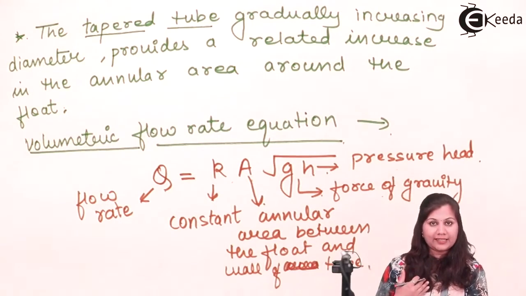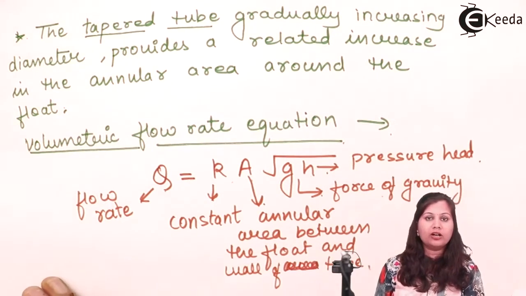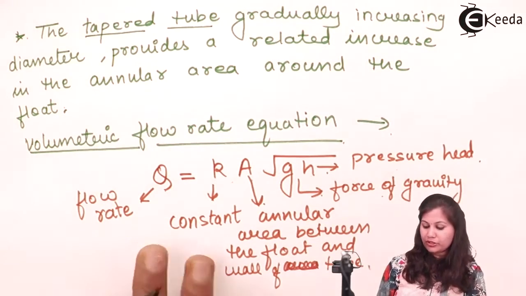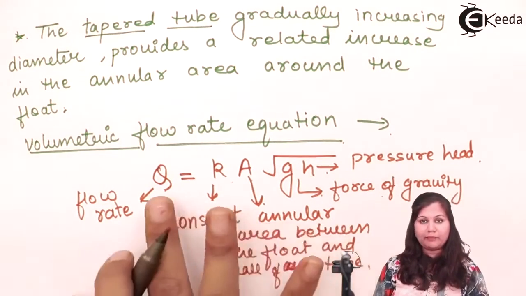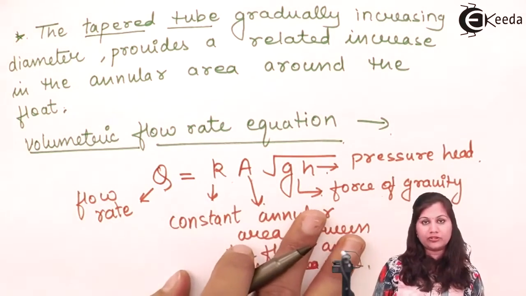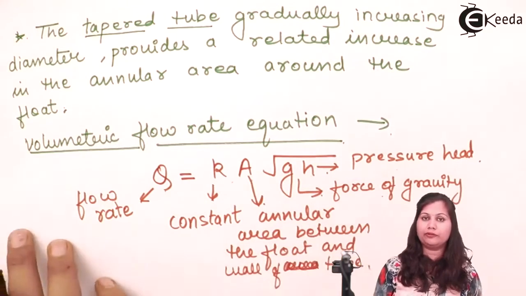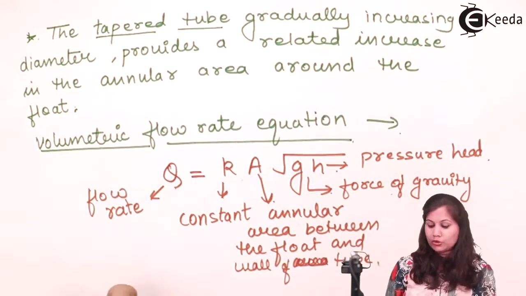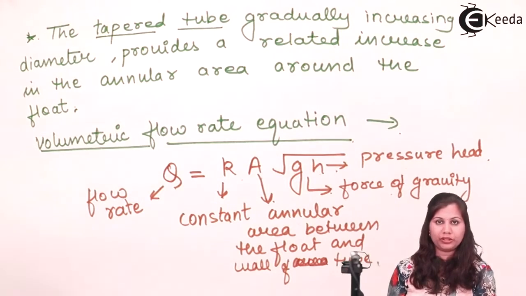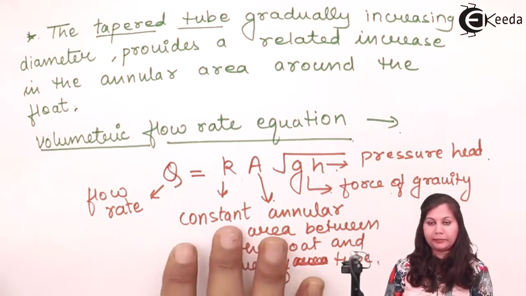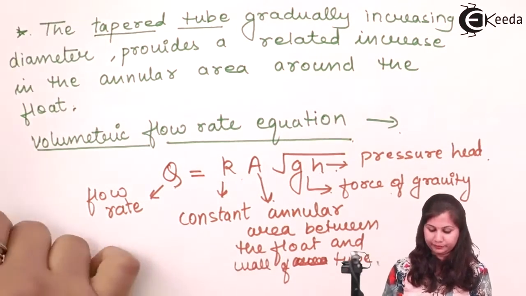We can say that as the area changes, the volumetric flow rate also changes, or if the flow rate changes, the area also changes. By measuring the change in the cross-sectional area, we can measure the flow rate of the fluids. So this was the equation on the basis of which the rotameter works and measures the flow rate.